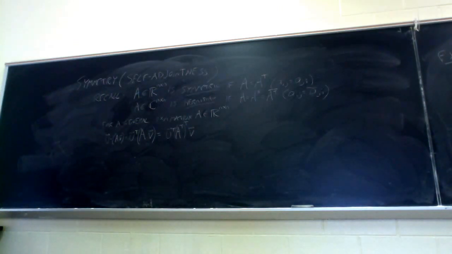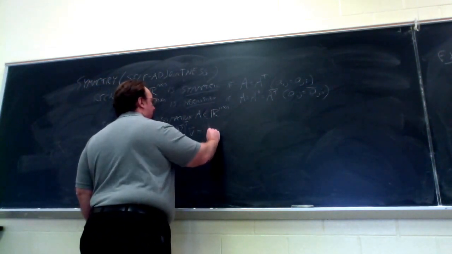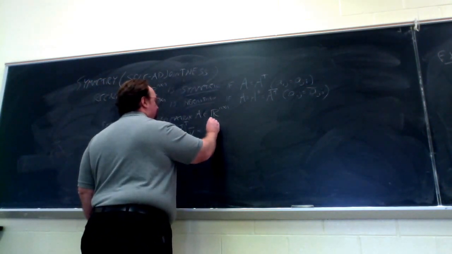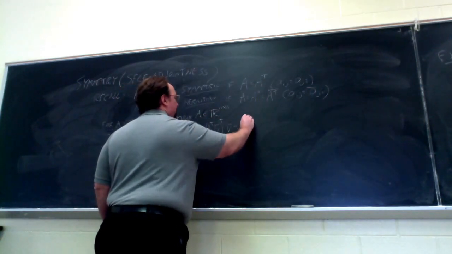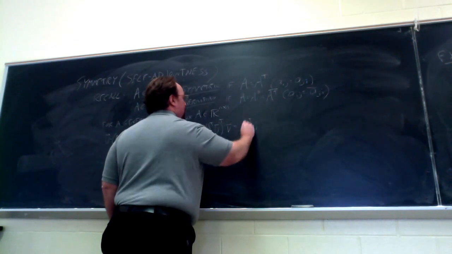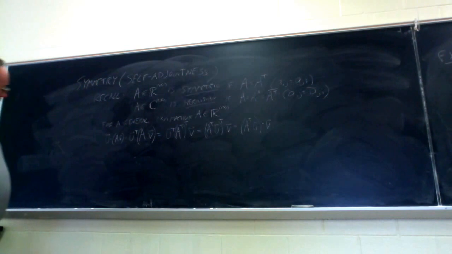And then I use a property that the transpose of a product is a product of the transposes in reverse order. So this is the same as saying A transpose U transpose V. So it's A transpose U dot product with V. If A was a complex matrix, I could do the same thing, except instead of a transpose, it would be the Hermitian transpose.